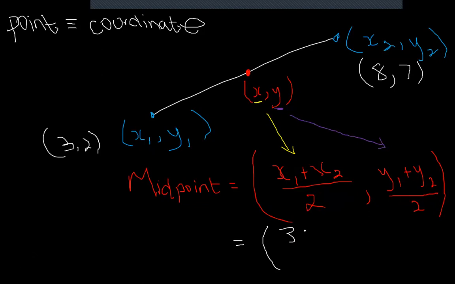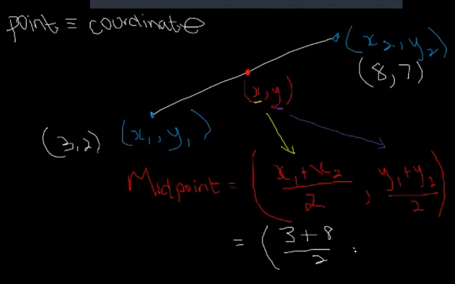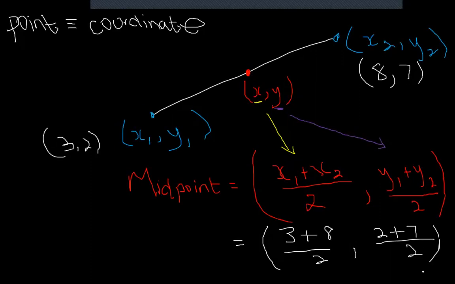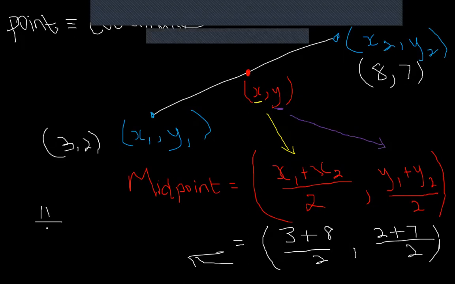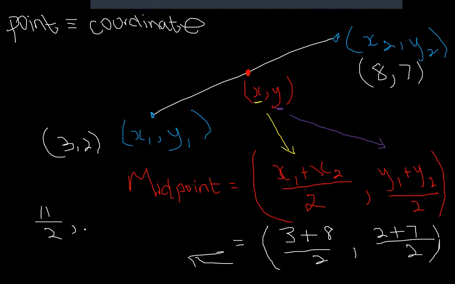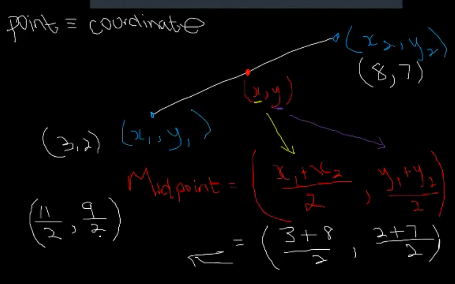So x1 is 3 plus x2 is 8 on 2. y1 is 2, and then y2 is 7 on 2. Continuing here, 8 plus 3 is 11 on 2, comma, 2 plus 7 is 9 on 2. And I could just leave it like that. So this would have been my answer for the midpoint.